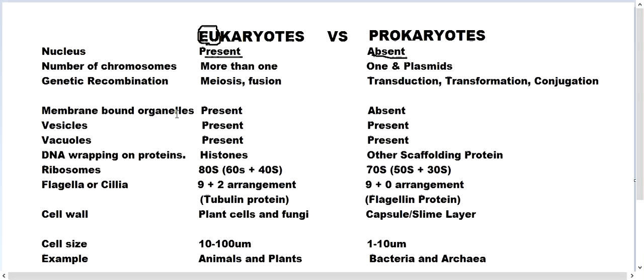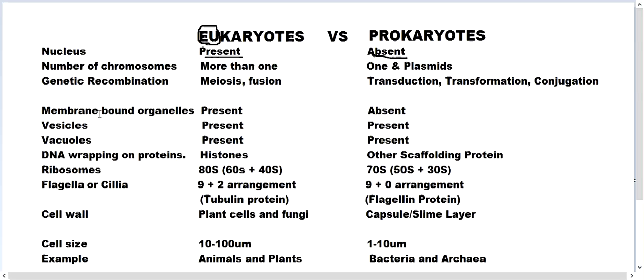So that is a great difference. In many places you will find Golgi body listed as present in eukaryotes and absent in prokaryotes, and the same for centrosome, but it can all be generalized under membrane bound organelles, which is easier to remember, which are absent in prokaryotes and present in eukaryotes.